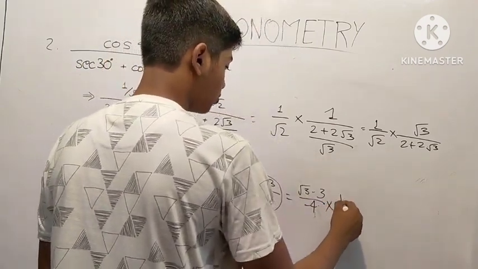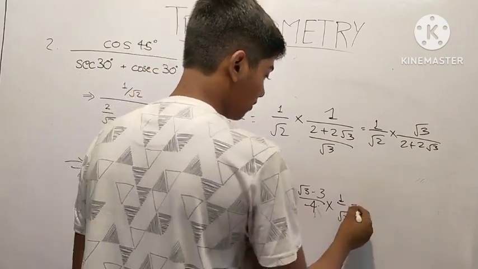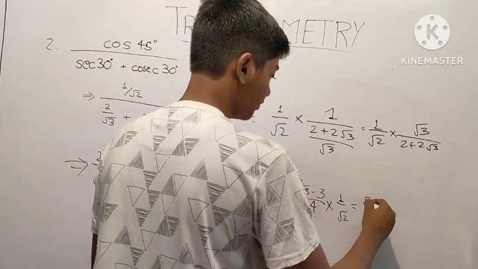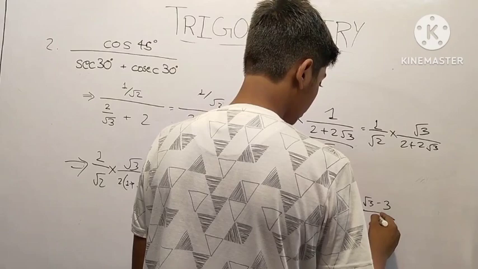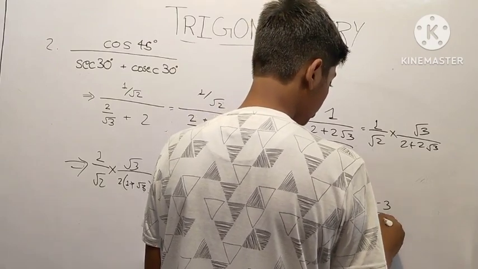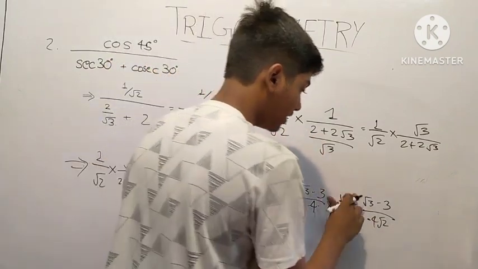Now we have 1 by root 2. Multiplying root 2 by minus 4, we would get root 3 minus 3 upon minus 4 root 2. Now we take minus common.